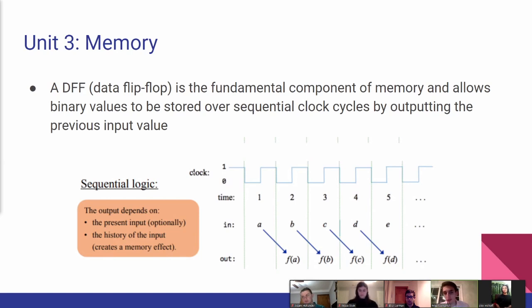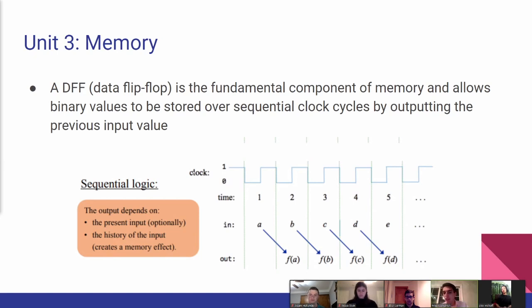So for example, if we have an input of a 1 in clock cycle 1, then the output in clock cycle 2 will simply be that 1, or f of a. In this case, a would be clock cycle 1, and then clock cycle 2 would be b, and f of b would be the output of clock cycle c, or 3, because that's the previous one.